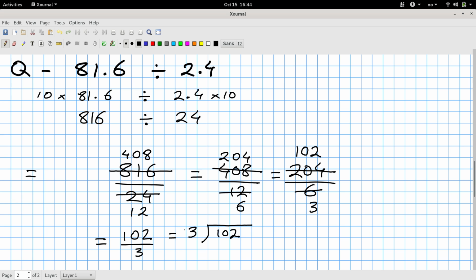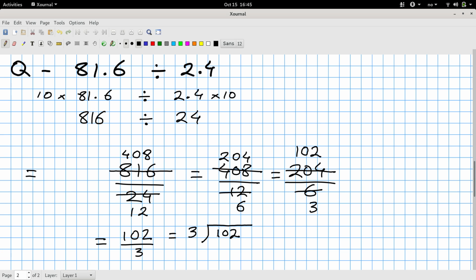The examiner who examines you wants to see how you solved a problem, what all steps. The examiner wants to see your thought process, how you have approached this problem. So all this working is necessary to show.